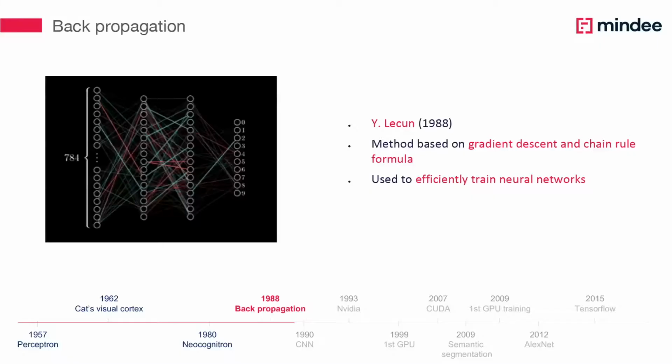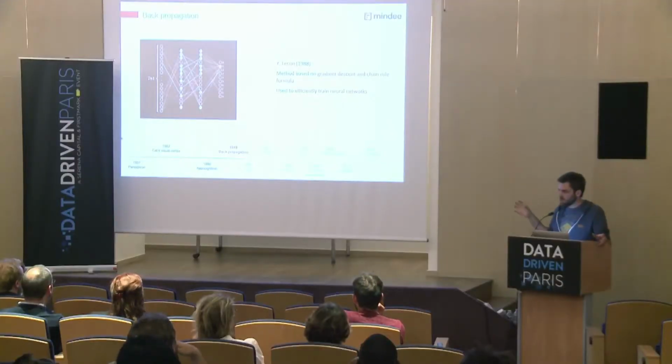It was not even possible because you can have maybe tens or hundreds of millions of parameters in your models. So this approach was based on the fact that there are some layers, and he found an approach based on gradient descent and the chain rule formula to adapt all the weights of all the different neurons layer after layer. So it is efficient, and you can do this without having a very big computer.